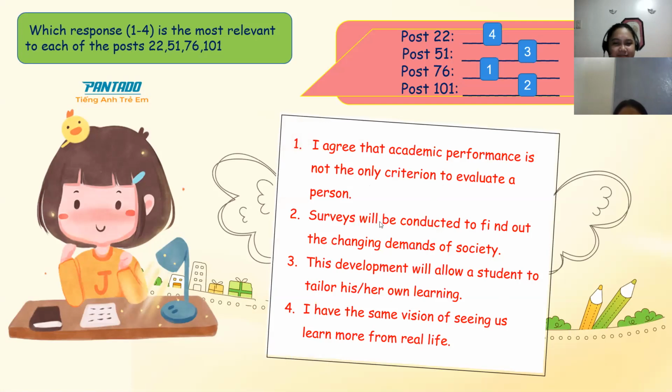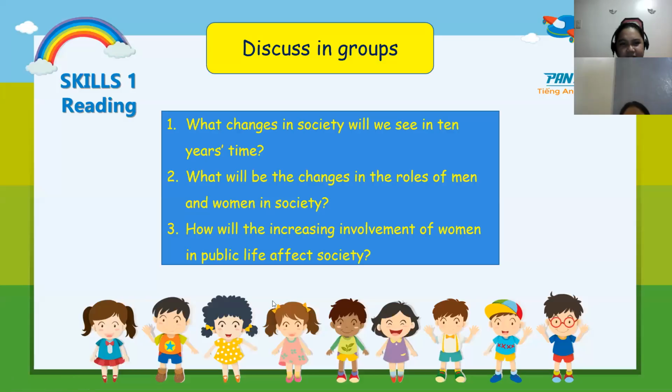Surveys will be conducted to find out the changing demands of society. This development will allow a student to tailor his or her own learning. I have the same vision of seeing us learn more from real life. Very good.